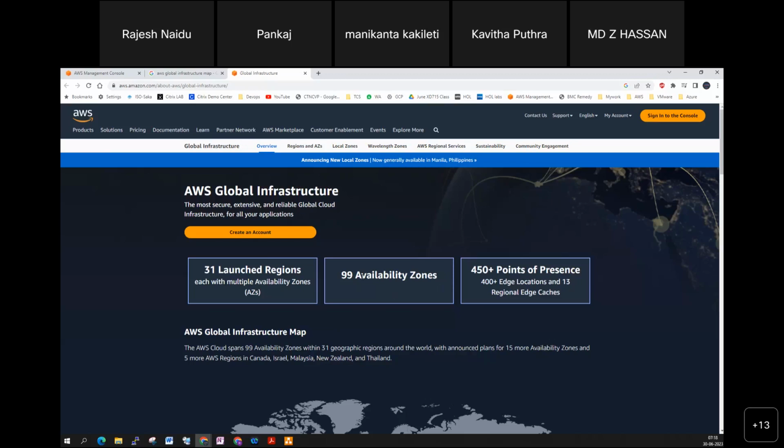So these 99 data centers are launched in 31 locations, which we call 31 regions. India is not specific; we call it Asia Pacific.